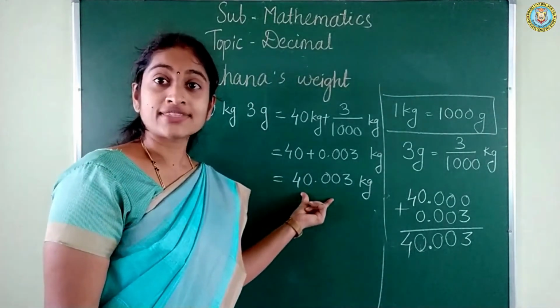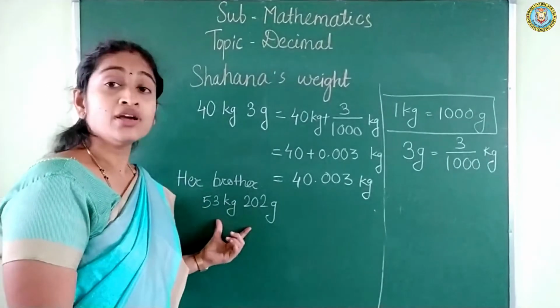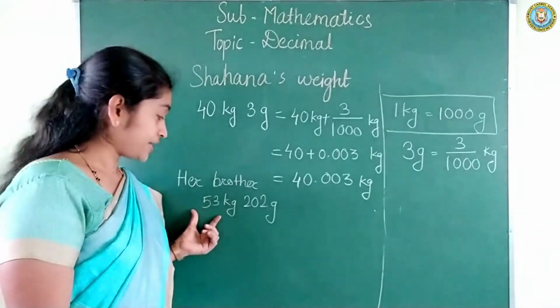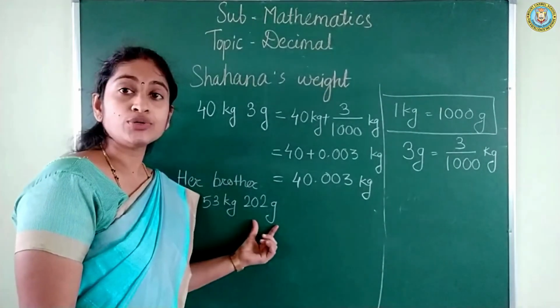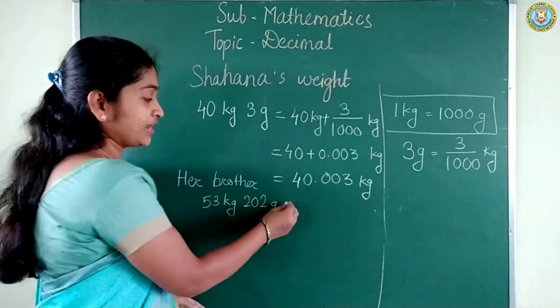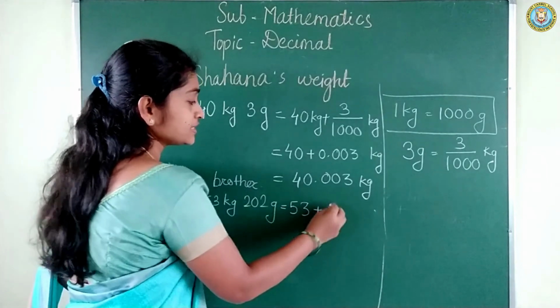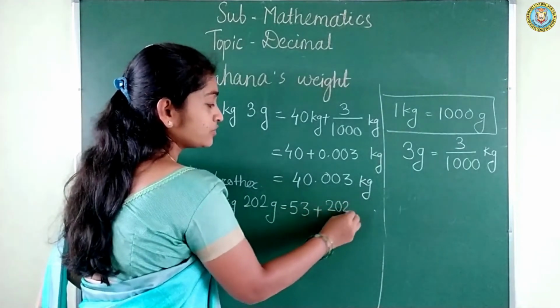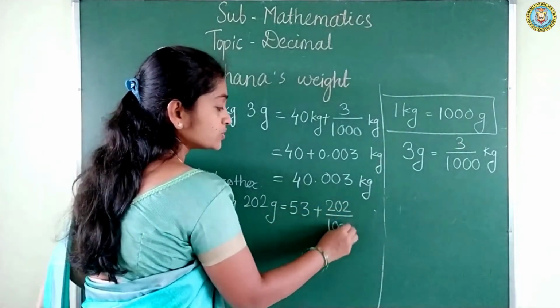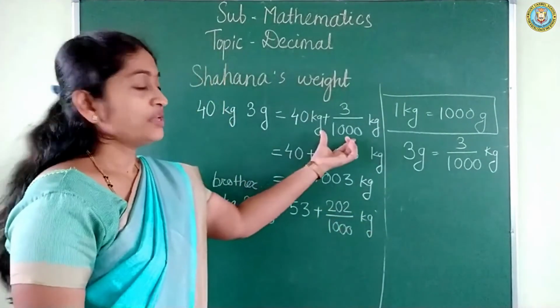Now the second one is there. Shahana's brother has weight 53 kg and 202 grams. Now how to convert this into kg? Let us see. 53 plus 202 divided by 1000 kg. Isn't it? Similar way.